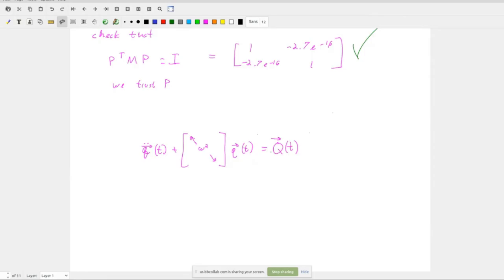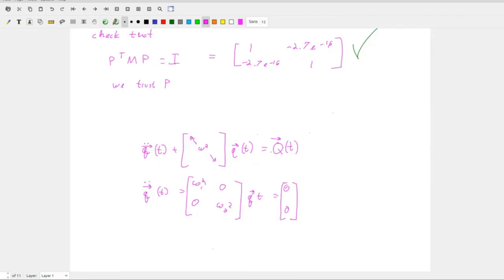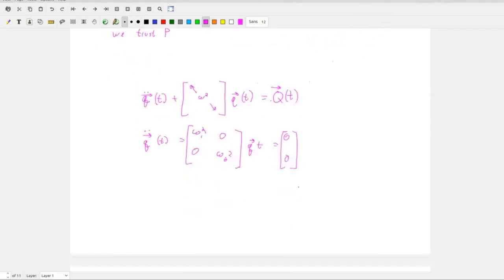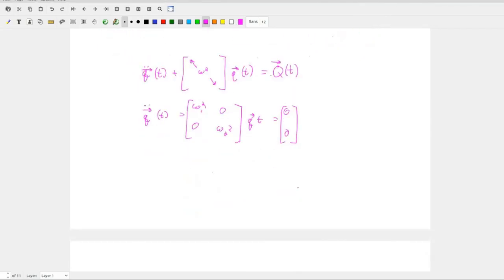Let's break this out a little bit. This becomes q vector of acceleration as a function of time equals omega 1 squared, 0, 0, omega 2 squared, times q of t vector, equal to 0, 0, because we're not forcing it. And that's our equation of motion in modal space.